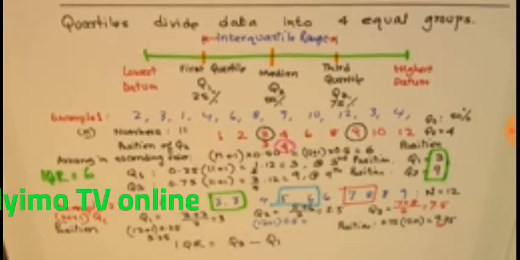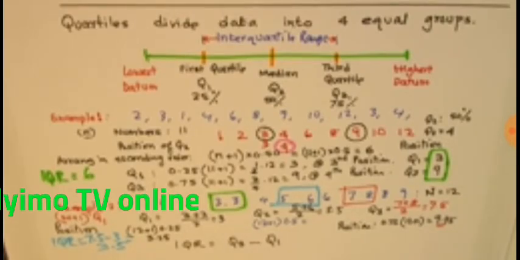And in the second example, the interquartile range will be 7.5 take away 3, which is equal to 3.5.